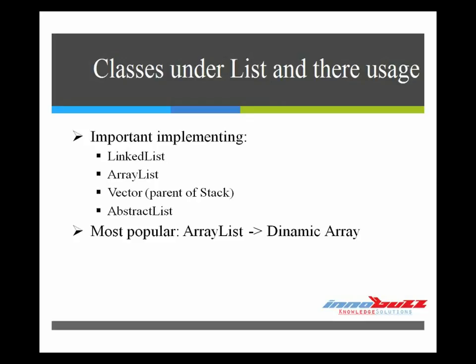There's one more important thing about lists that I mentioned here, which is the generic class. But in fact, this is true for all the collections that we were talking about. So the collections are generic interfaces.